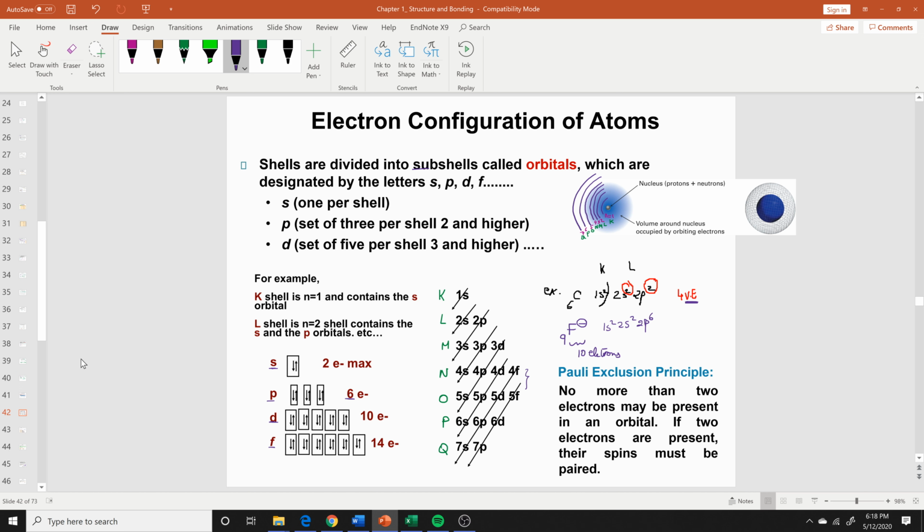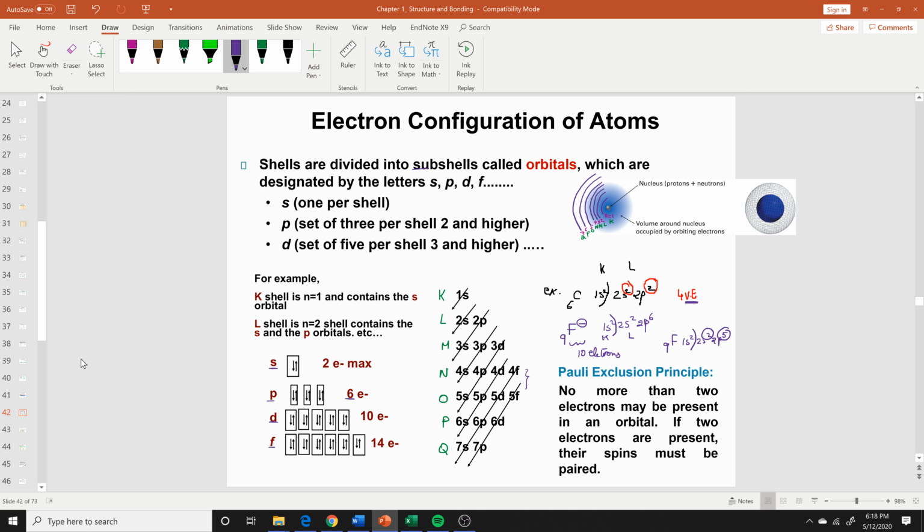I know that regular fluorine, F9, has a configuration of 1s2, 2s2, and 2p5. Fluorine is in group 7, so the valence electrons have to be 7, and they are 7 in here. This is for fluorine. But if you're doing F negative, this is my K shell there, my L shell over here.